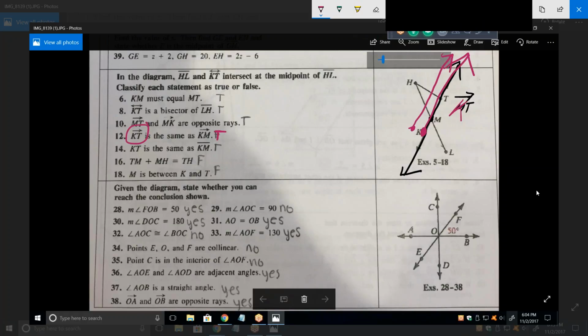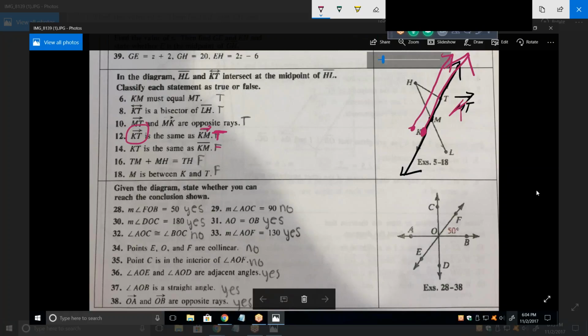In other words, I just drew KT on the right, and I would have drawn KM right on top of it. The fact that it's got this arrow here means it does not stop at M. It goes on forever, the exact same thing that KT does. So those are true, and that's definitely false.